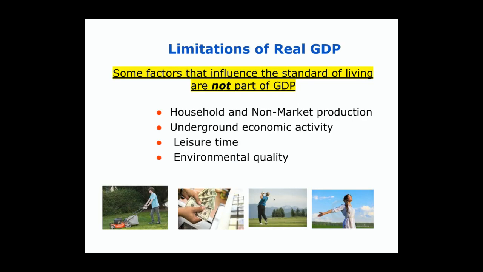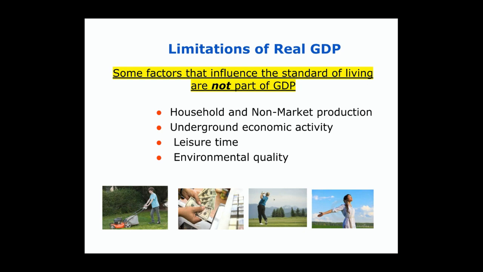Now, we have to understand also there are some limitations to the GDP calculations. There's production that happens that is not included in GDP accounting. There are things that affect our standard of living that are not included in GDP accounting. So anything that happens outside of the market, maybe I'm producing things at home, I'm mowing my own lawn.